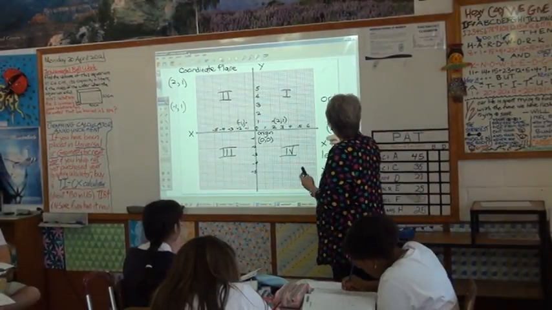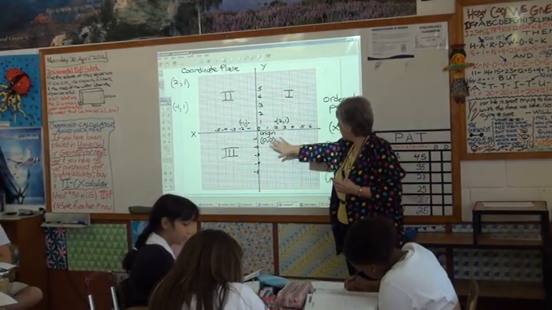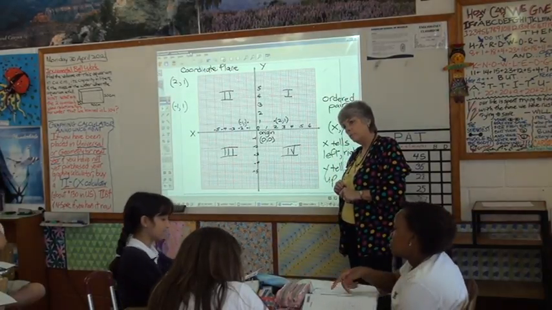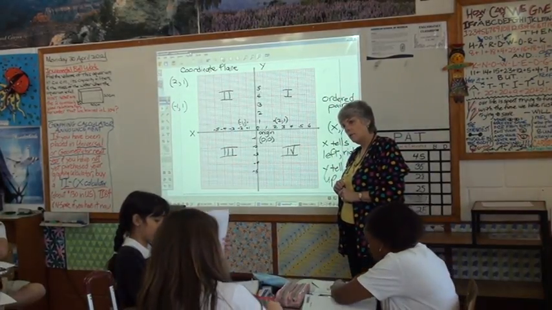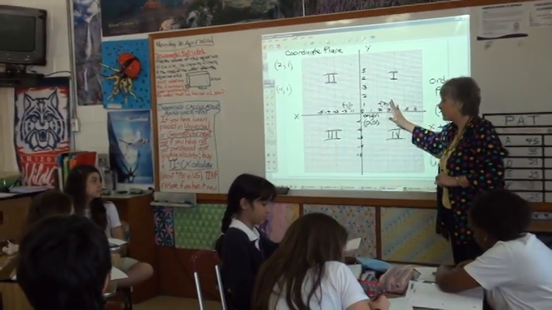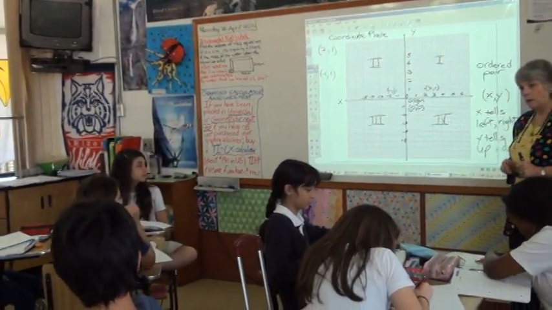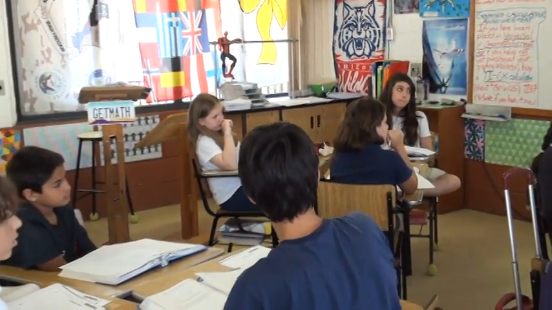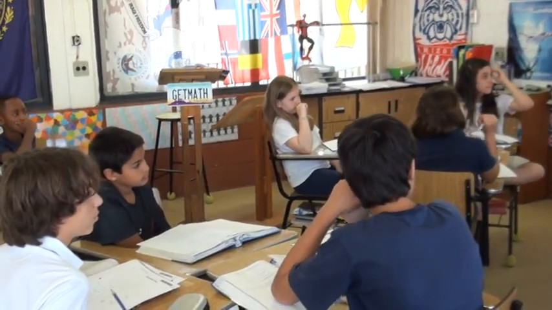What would our ordered pair look like if they're down here? It would be positive number. Which one would be positive? x. X would be positive, okay, so it would come this way, and then what? And then a negative number in y. Very good, perfect. So then we'd go over and down.